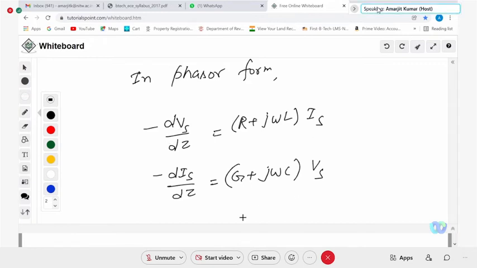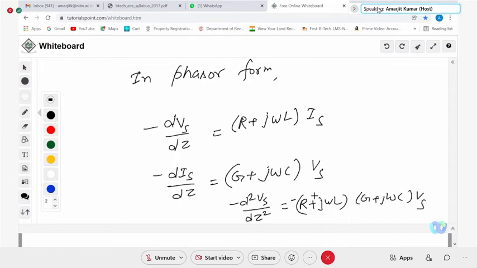Minus d square V_s upon dz square is equal to R plus j omega L into dI_s upon dz, which is equal to minus G plus j omega C into V_s.